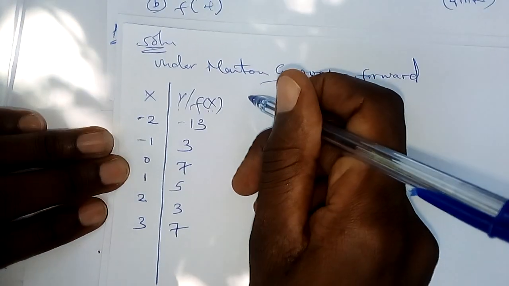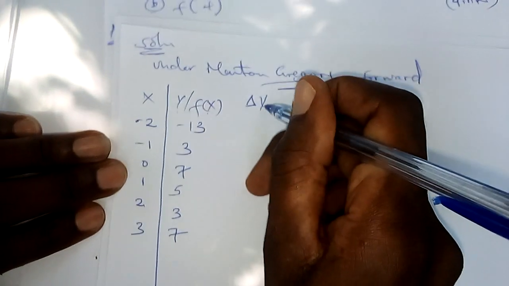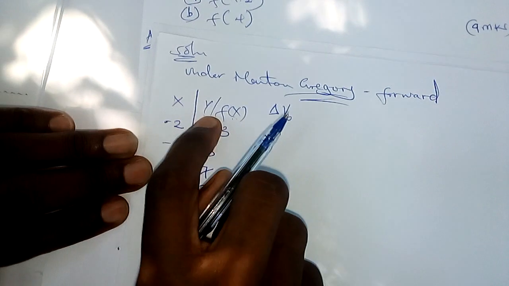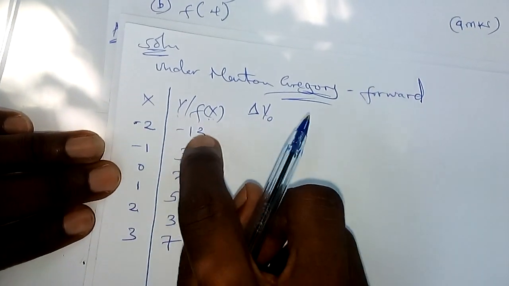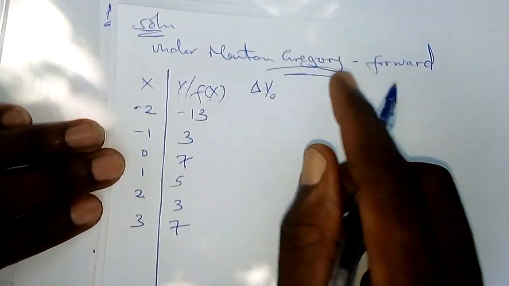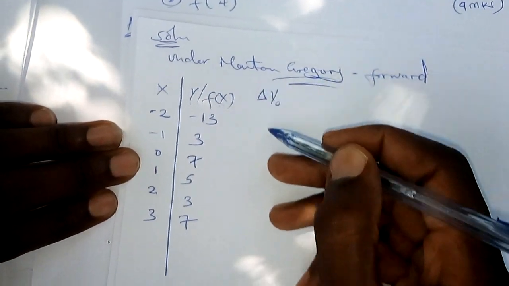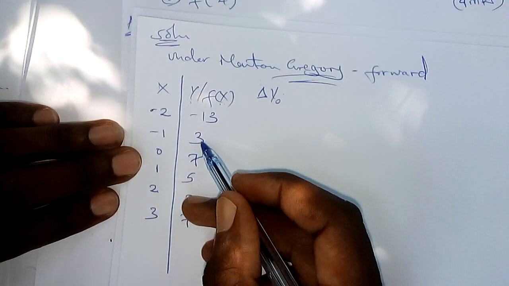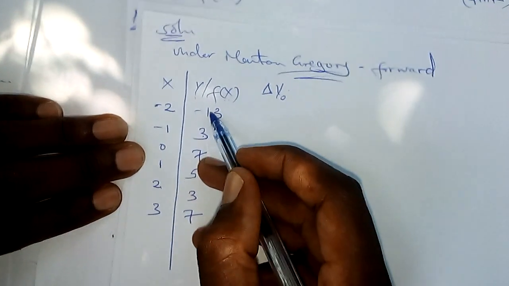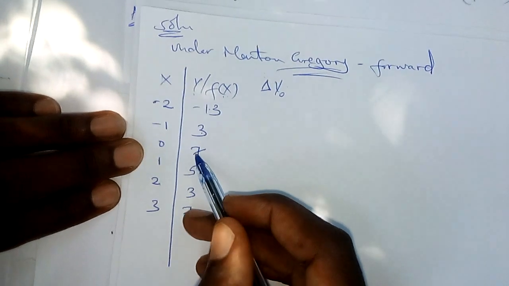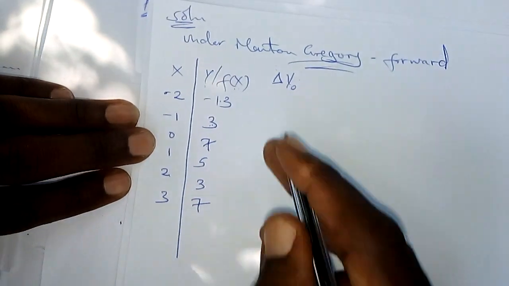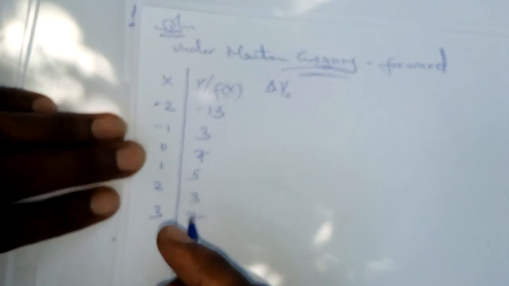So we find change in y naught. This is y naught, the first value of y. When you find the difference, we have the change in y naught, another column. Change in y naught will be: you take this one minus the upper, as you move through the column.